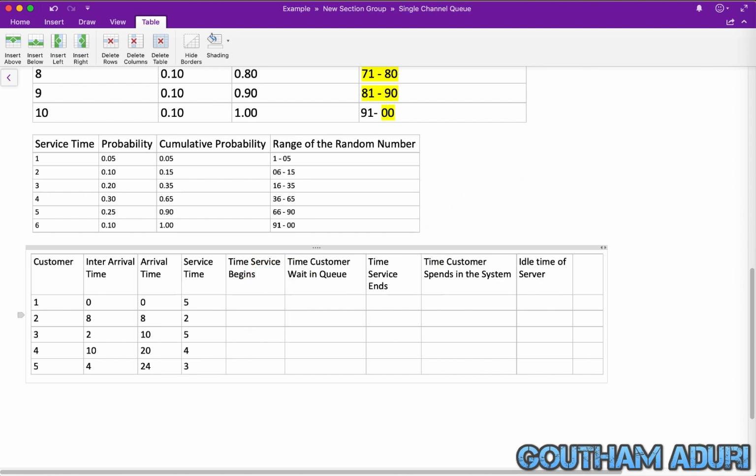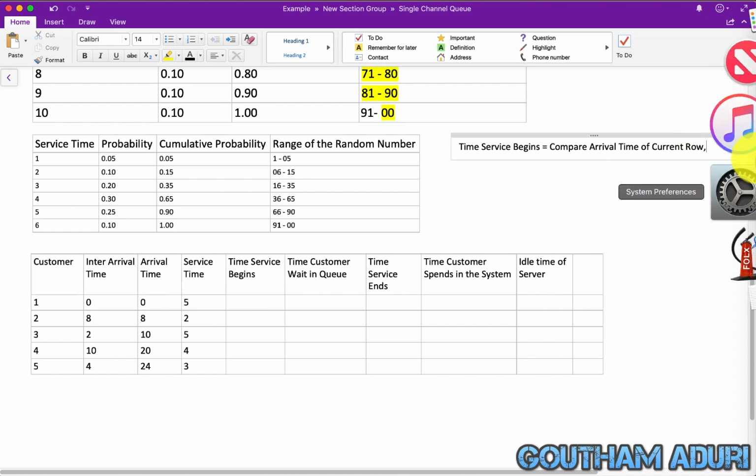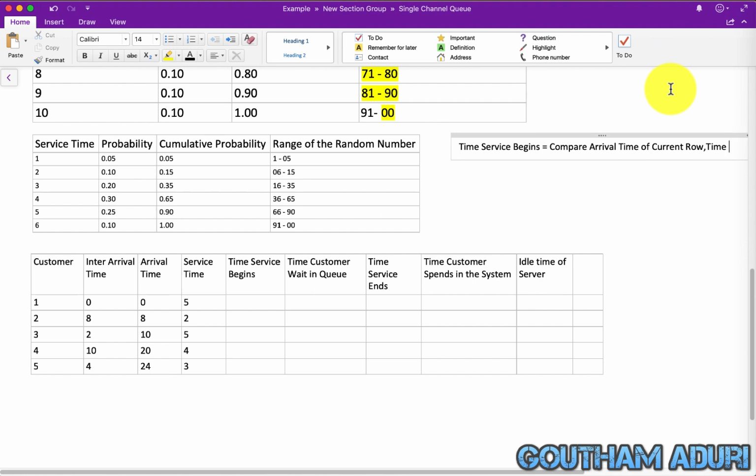So the time service begins, how we have to check: check arrival time of current row and compare arrival time of current row, comma, time service ends, TSC, of previous row. Whichever is greater, keep the greater value.